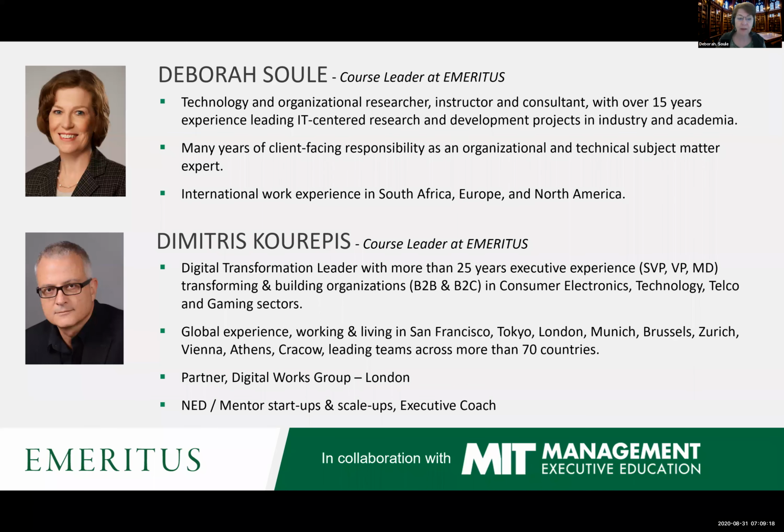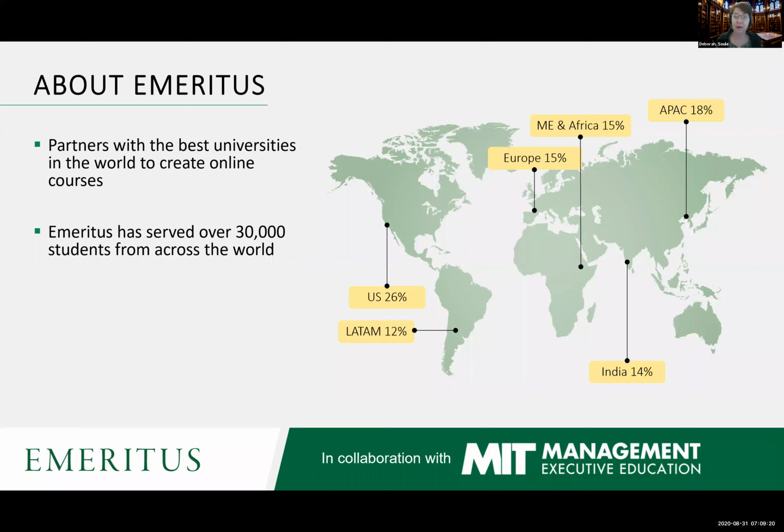Okay, let me talk about Emeritus. So Emeritus is an edtech company that has been operational for, well, it started off in one phase and became more online. So they've been around for a number of years too. The model is that we partner with the best universities around the world to create high-level online courses.